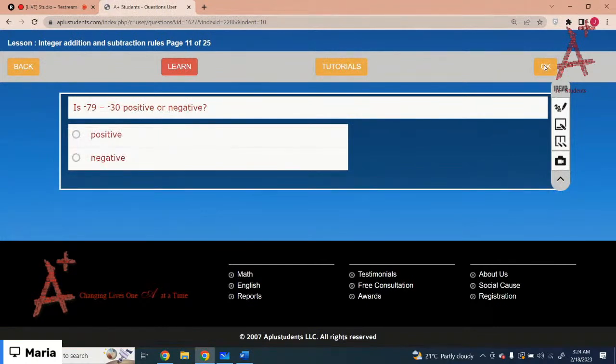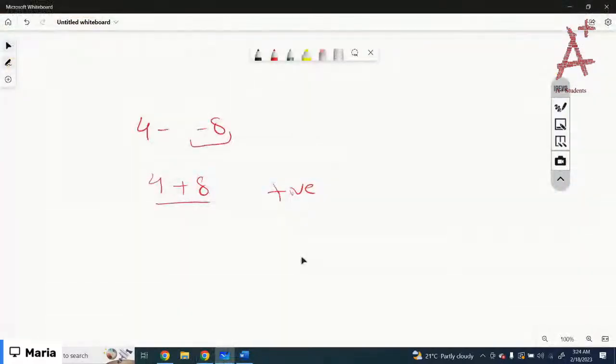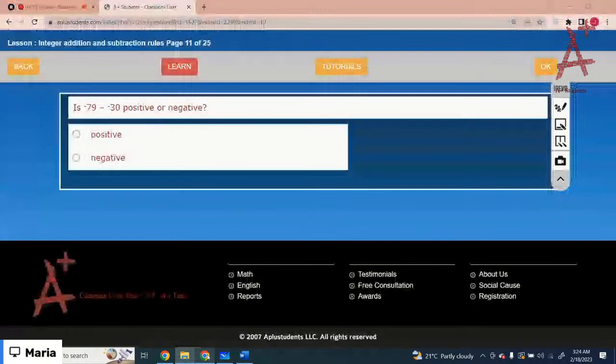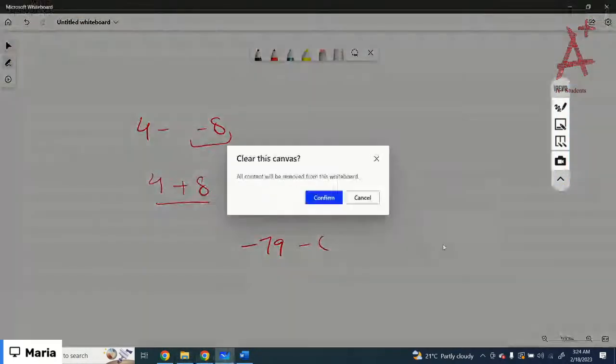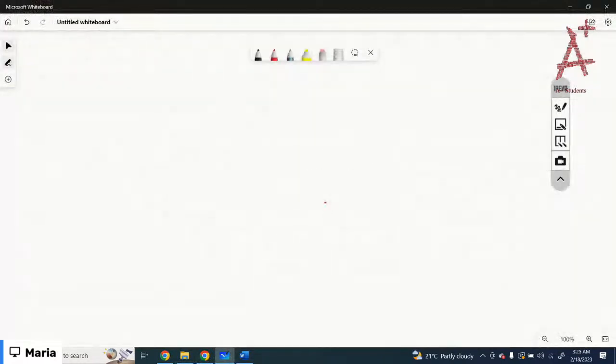Okay, is negative 79 minus 3 positive or negative? Negative 79 minus negative 3.